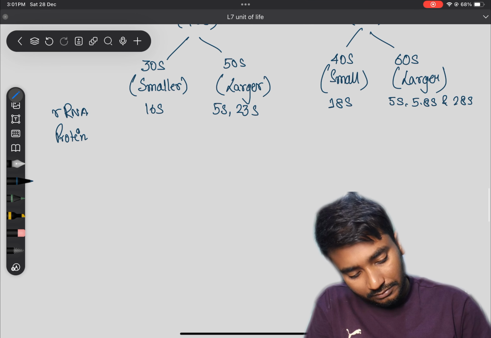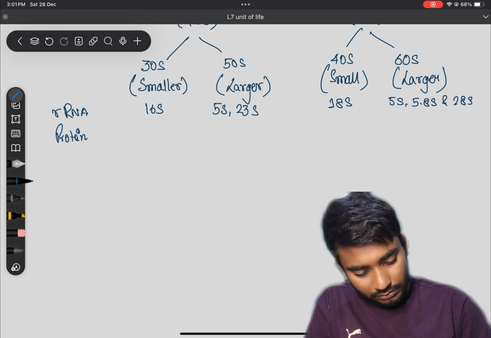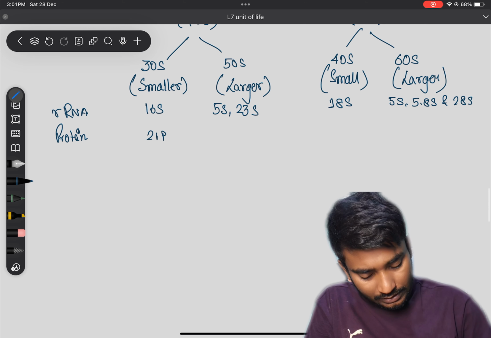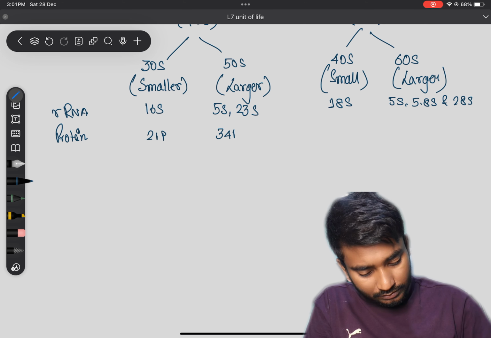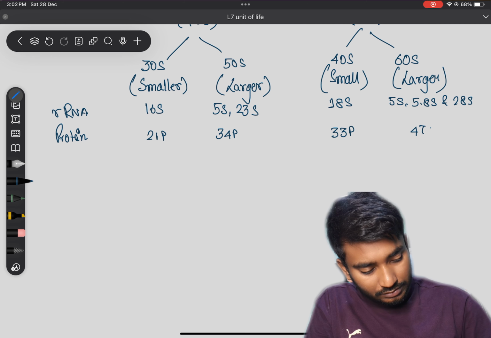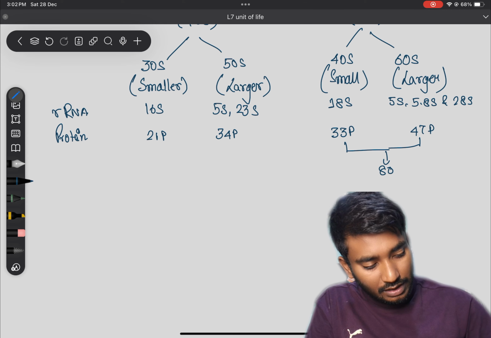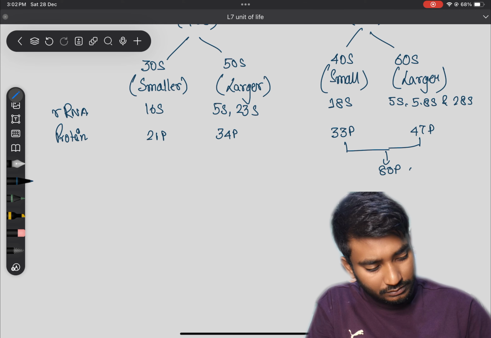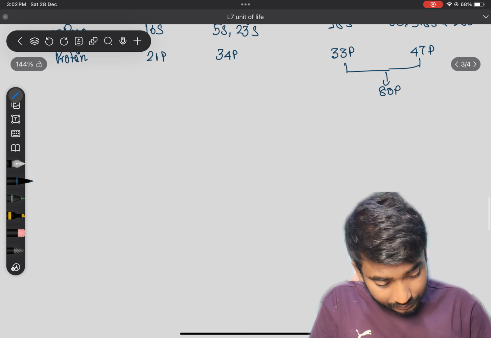In proteins, the small subunit has 21 proteins and the large 34 proteins in prokaryotes; here, 33 proteins and 47 proteins.